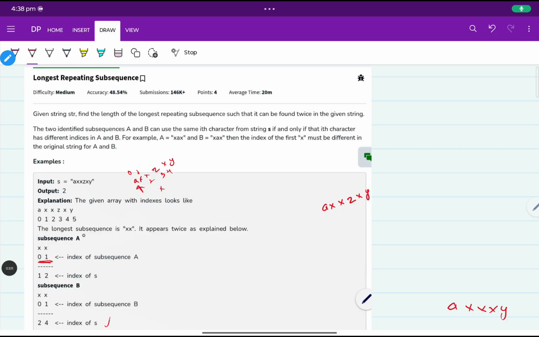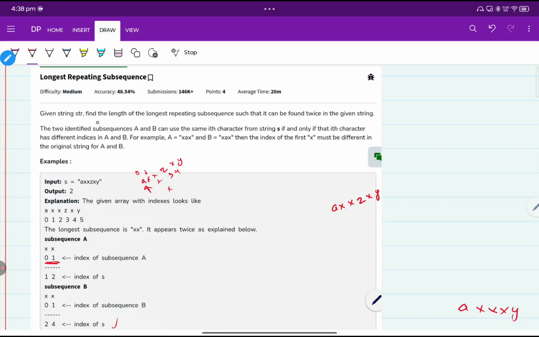Yeah, the question is right. Read the question once again: given a string str, find the length of the longest repeating subsequence such that it can be found twice in the given string. That means we have to return the longest common subsequence found in the string. They mention the condition that two identical subsequences a and b can use the same ith character from the string only if the ith character has different indexes in a and b.